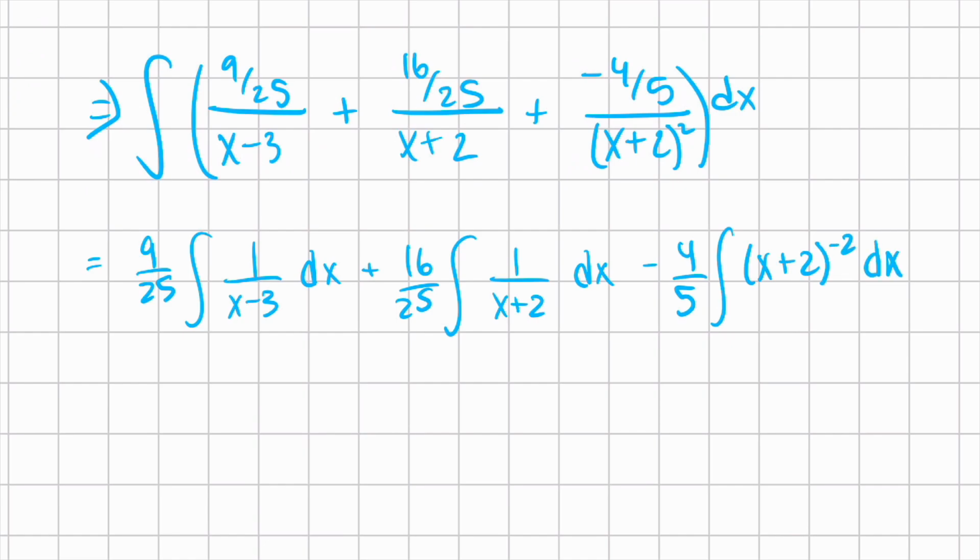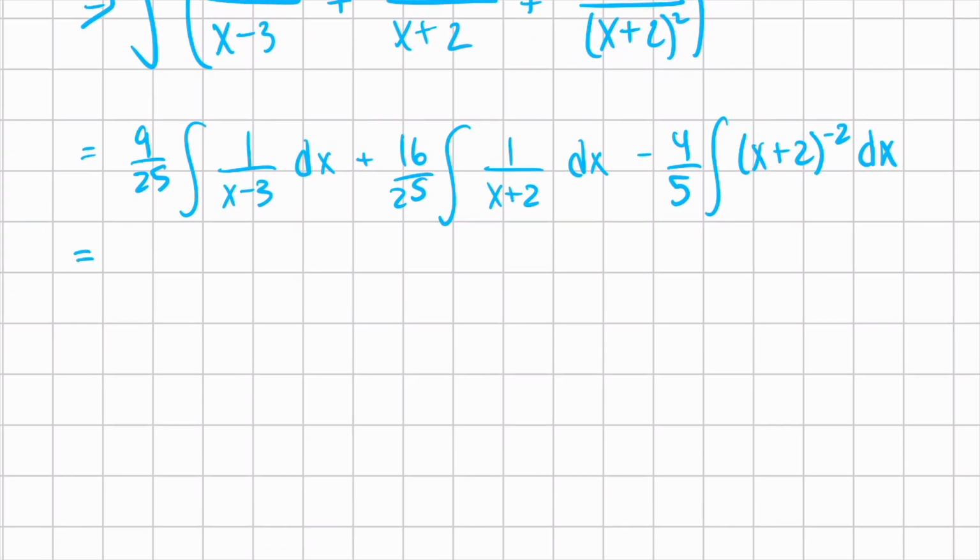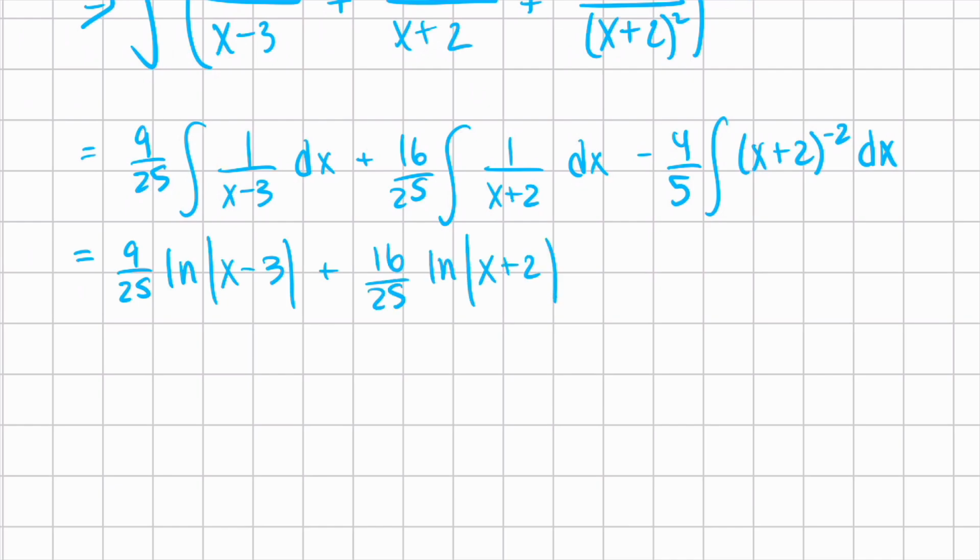We are going to have to use u sub for all of these, but for all three of these, your du equals dx. So we don't need to change anything. So when I write out my answer, I have 9 over 25 natural log of x minus 3 plus 16 over 25 natural log of x plus 2, minus 4 over 5.